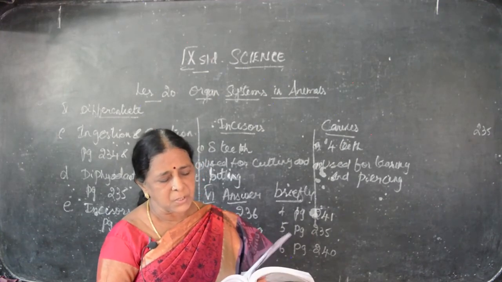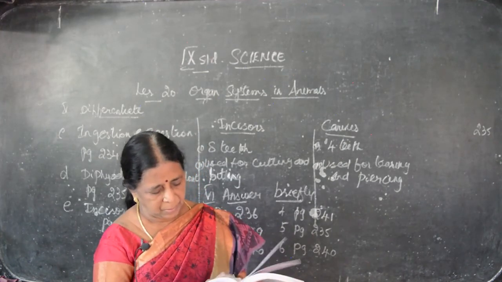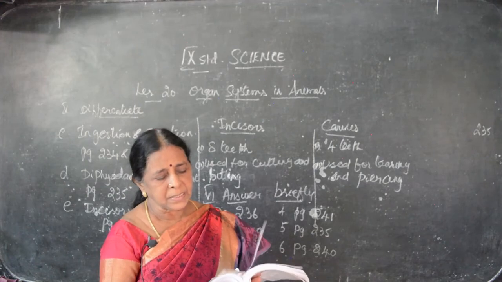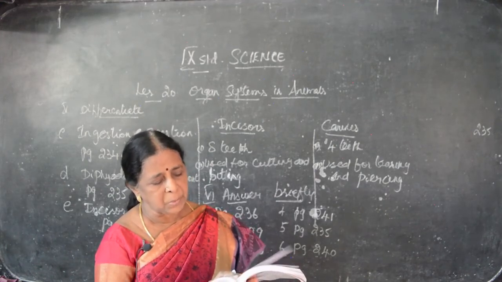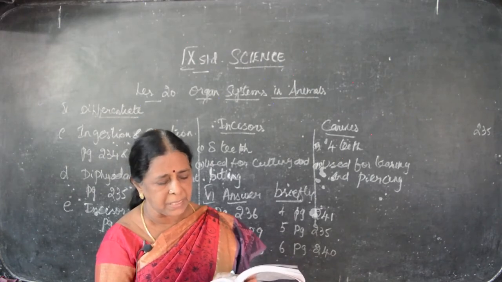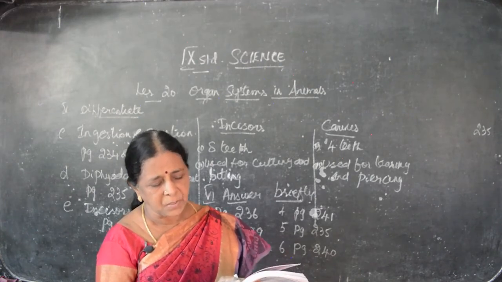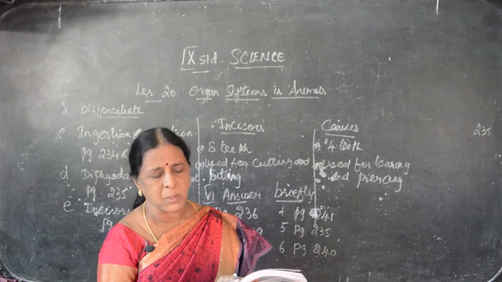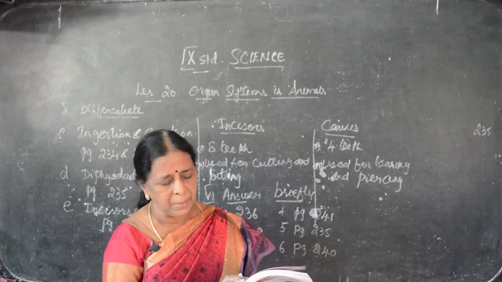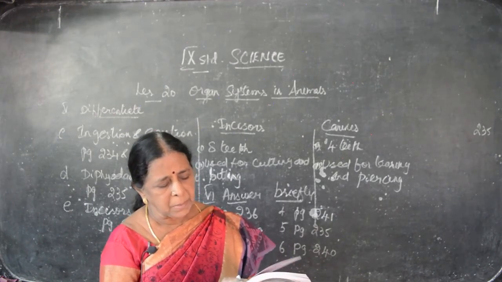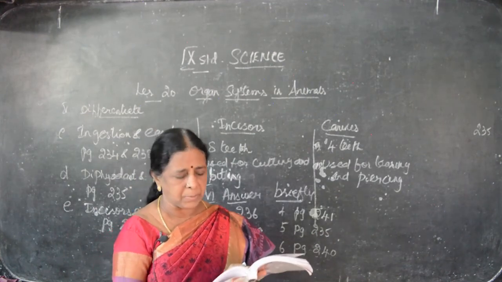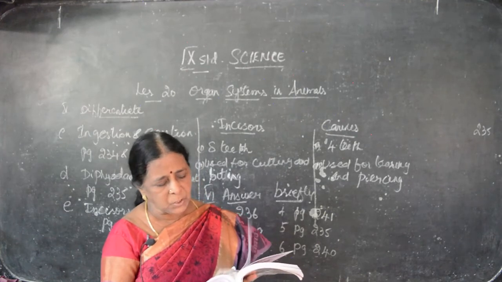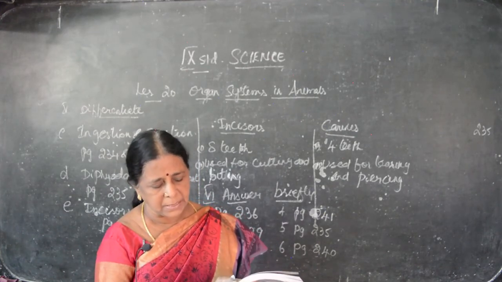Each kidney consists of more than 1 million nephrons. Nephrons are uriniferous tubules or structural and functional units of kidney. Each nephron consists of renal corpuscle or Malpighian corpuscle and renal tubule. The renal corpuscle consists of a cup-shaped structure called Bowman's capsule containing a bunch of capillaries called glomerulus.